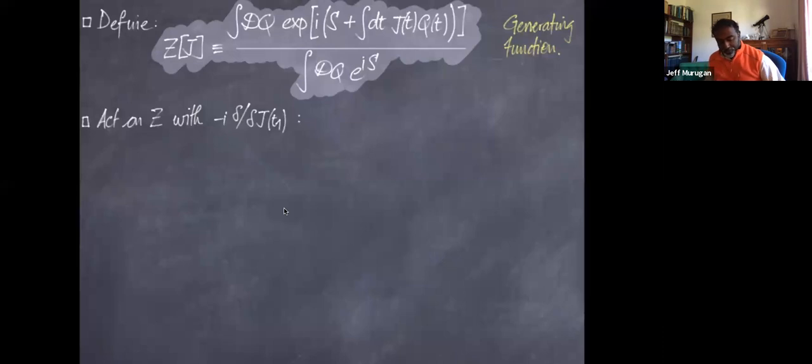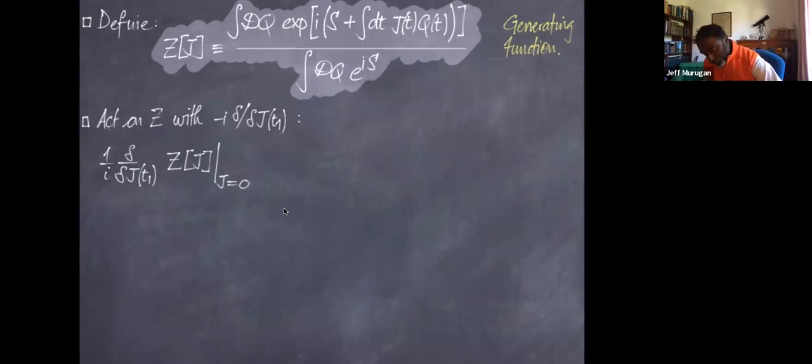Let's see what we get. Well, 1 over i, let's just drag that along for the ride: 1 over i delta by delta J at t1. That's what we're differentiating. We want to differentiate Z of J, and as usual, we're going to turn the source off at the end of this.